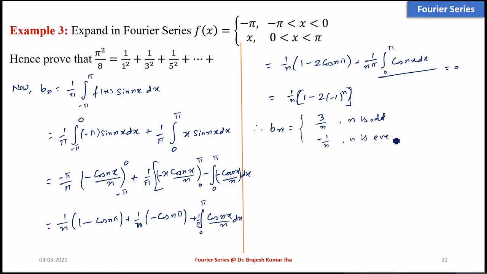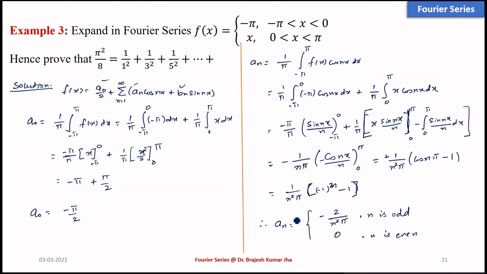So thus we get the values of A, B, and C. And a_n is only minus 2 by n square pi for n odd, otherwise 0 for n even. And what is the value of a_0? a_0 is minus pi by 2.